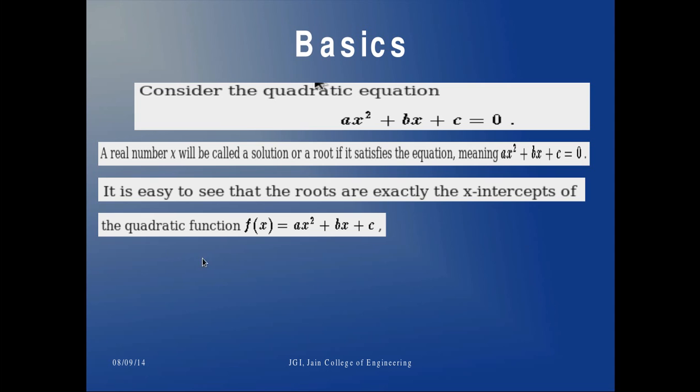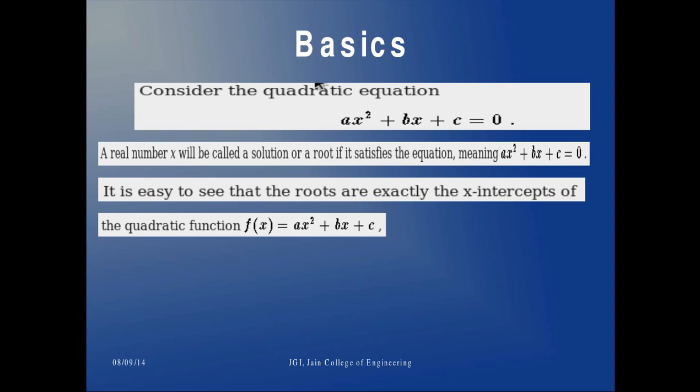It is easy to see that the roots are exactly the x-intercepts of the quadratic function f of x. As you all know, when we draw the characteristic graph of a quadratic equation, it always leads to a parabola.